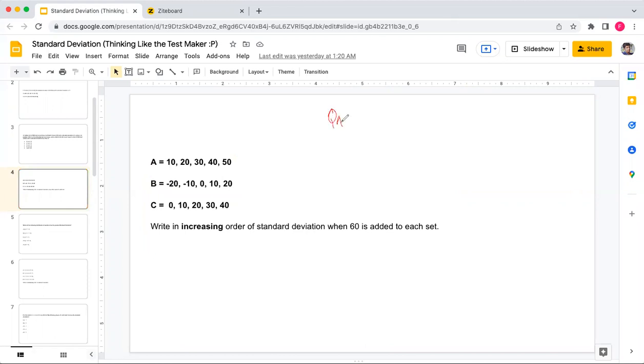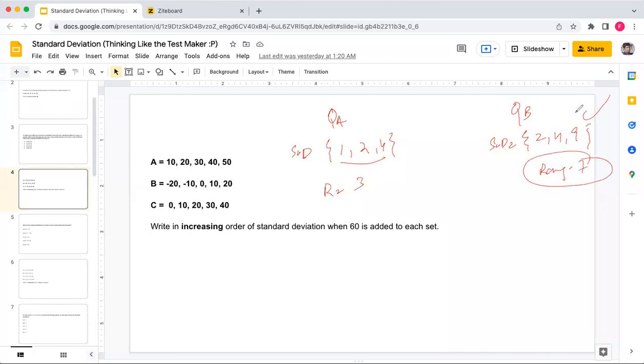If I give you quantity A, the standard deviation of set 1, 2, and 4, and quantity B, the standard deviation of set 2, 4, and 9, you can clearly see that the range of the first is 3, and the range of the second is 7. So that's why this has a greater standard deviation. If you have smaller values and the same number of elements, then you can use the range concept. Otherwise, you can't use that.